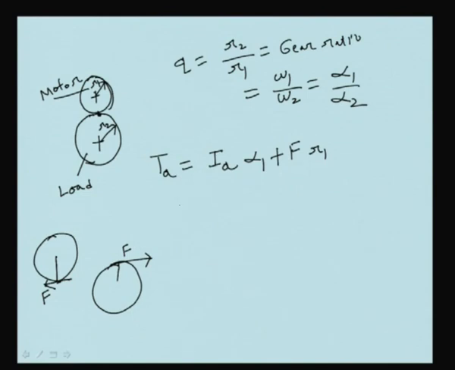So, F R2 is equal to IL times alpha 2 plus TL, where TL is the load torque.